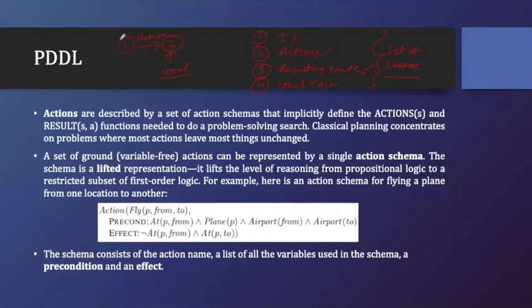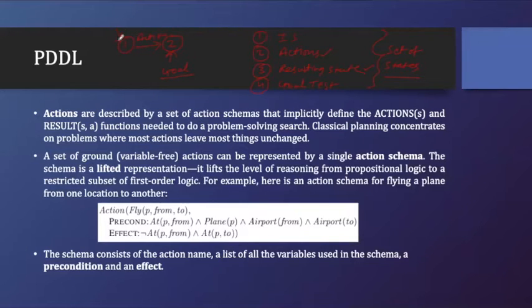Every state will be represented with some sort of ground variable or ground actions, or with the help of propositional logic we define some actions. We define the state with some propositional logic.